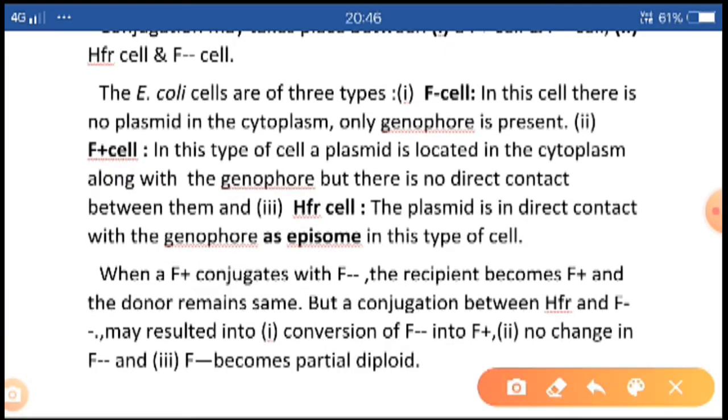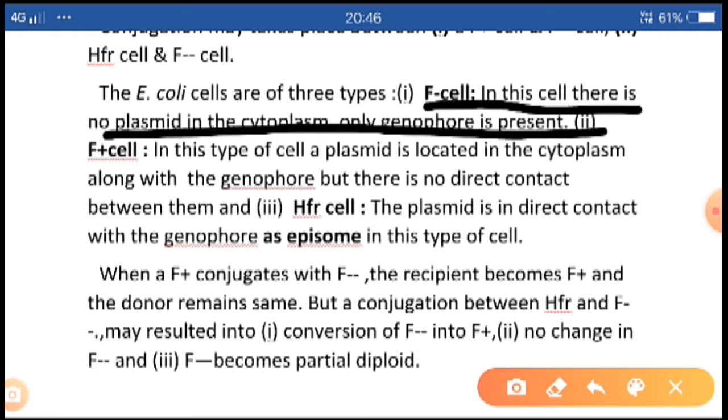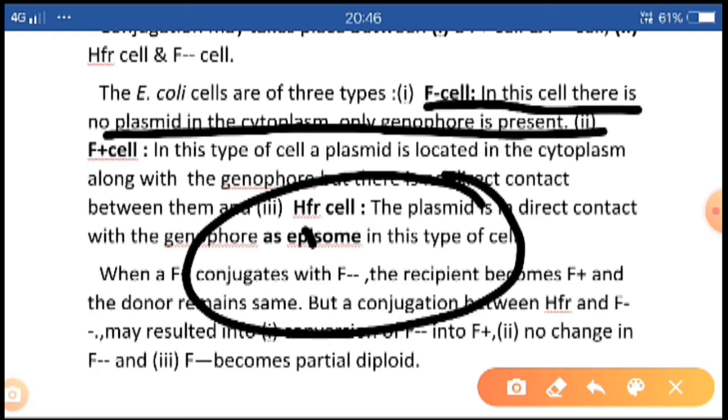That is, in an F minus cell there is no plasmid in the cytoplasm; only the genophore, the double-stranded DNA, is present. No other extra plasmid is there.